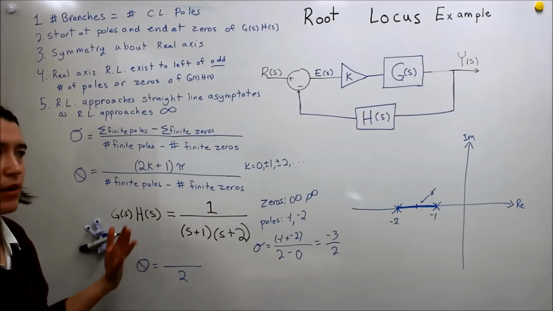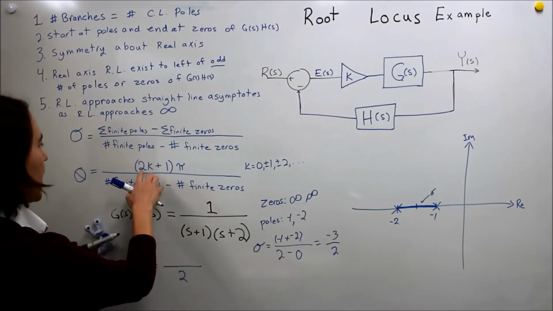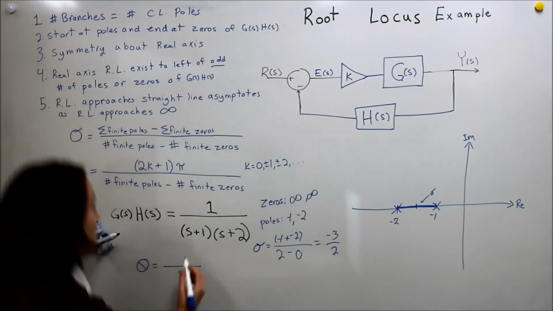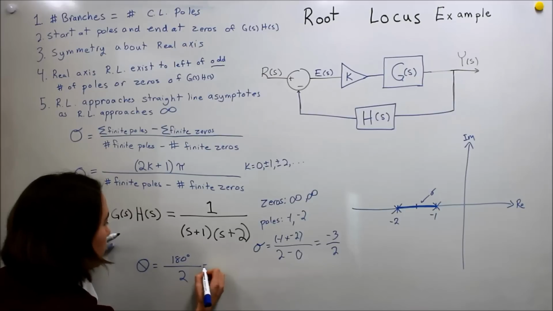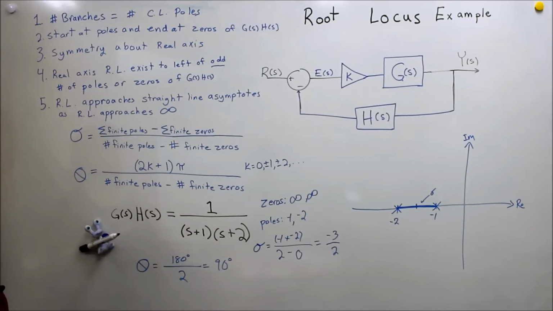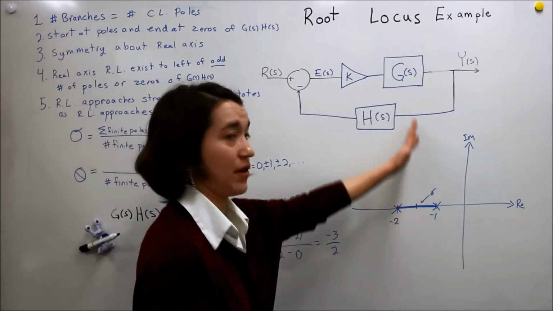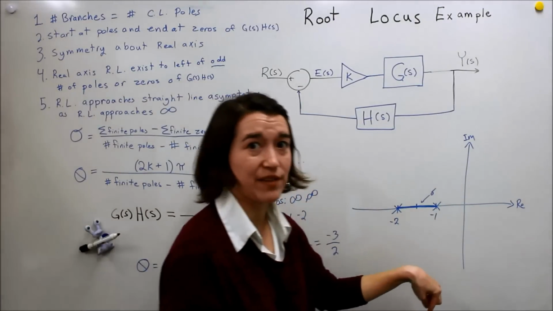Here I'm writing pi, but we can also write it in degrees. I'll write it in degrees this time. So for k equals 0, it's going to be 180 degrees over 2, which is equal to 90 degrees. That's one of our axes, which makes sense. It's going to go at 90 degrees, and by the symmetry rule, we know that it's going to be -90 as well.